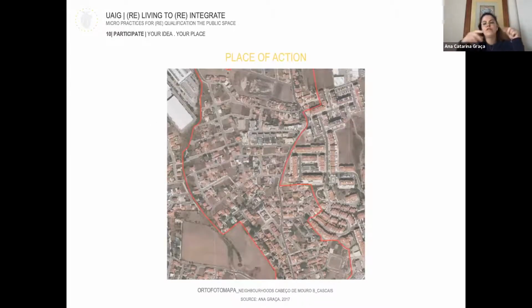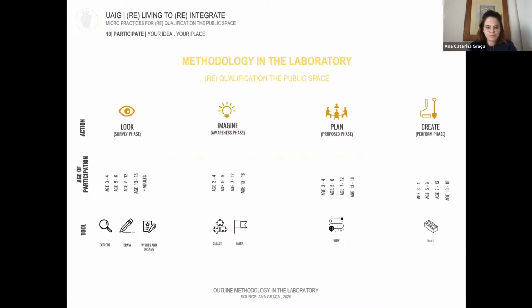The place of action for the application of the toolkits is the urban area of illegal genesis, neighborhood Cabeça de Morbi, in the municipality of Cascais. The laboratory methodology is divided into four phases, with several tools built according to the children's age.